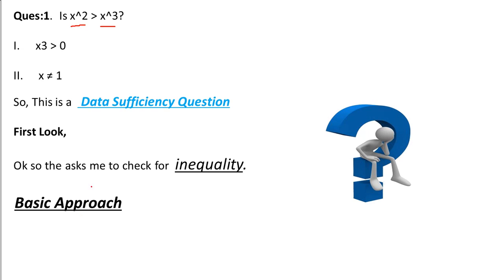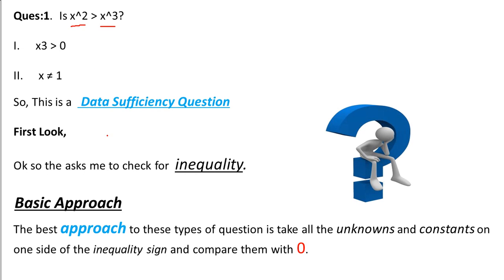So the basic approach to these questions is, when you have one variable, take all the same variables to the same side. So in this case, I'll take x to the power 3 on the left hand side and I would be left with 0 on this side.